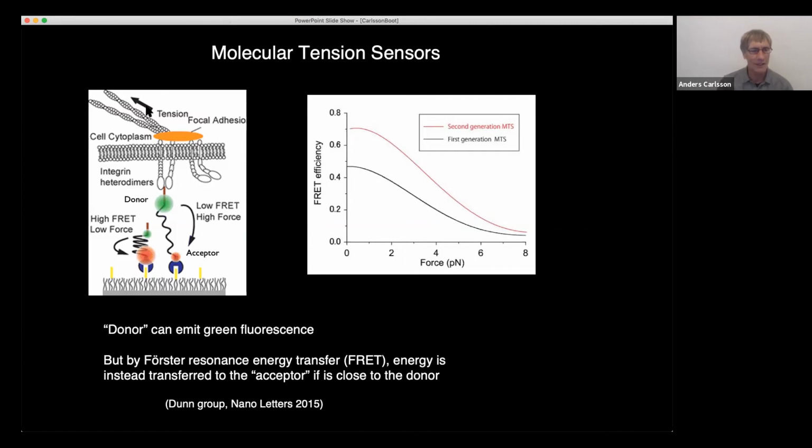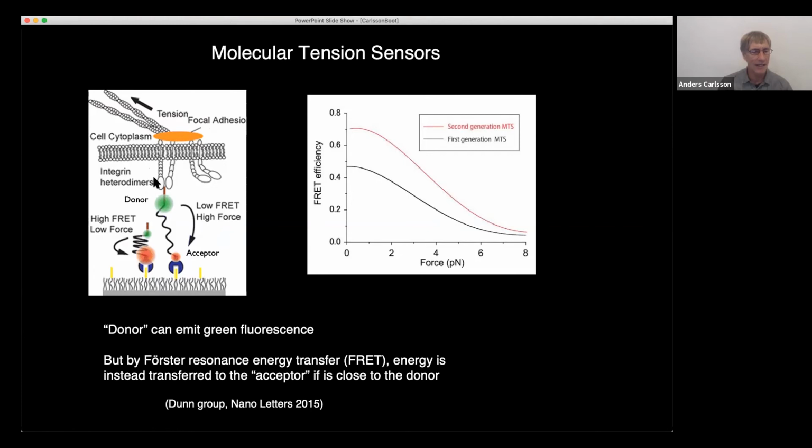And here's an example of a particular type of molecular tension sensor. So here is the inside of a cell, and here's a focal adhesion. And that cell is on a substrate, which is down here. Here's an integrin, and the integrin would ordinarily link to the substrate.